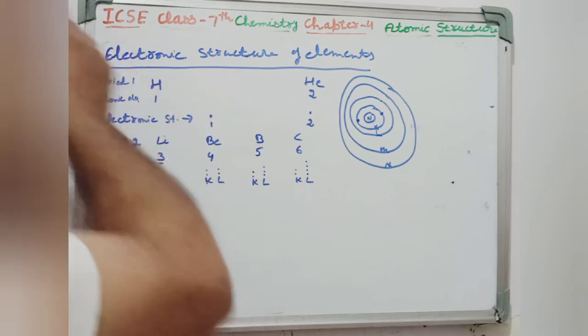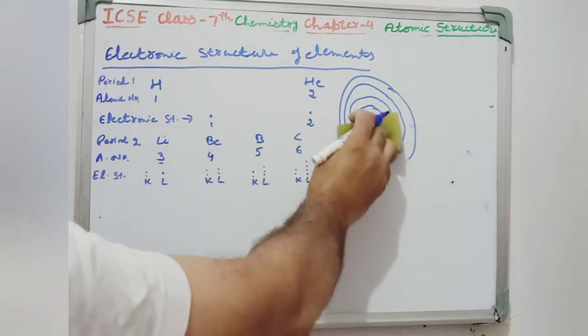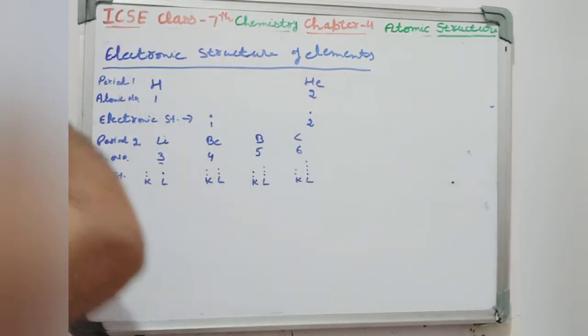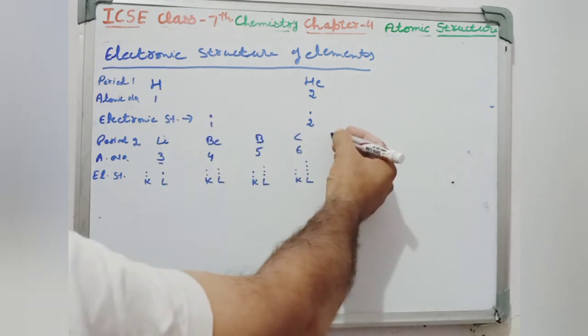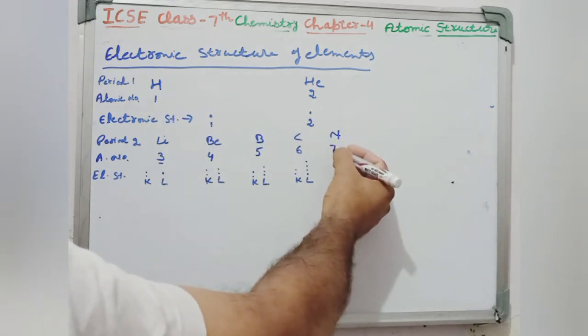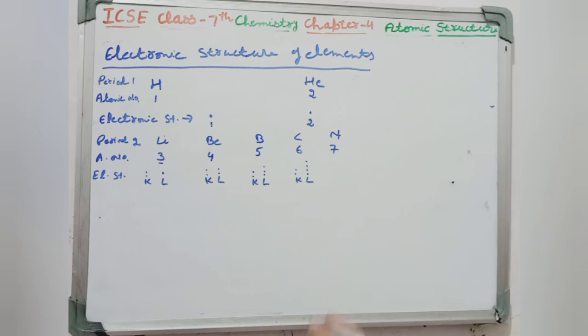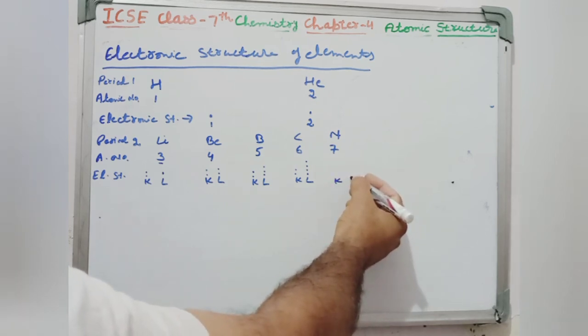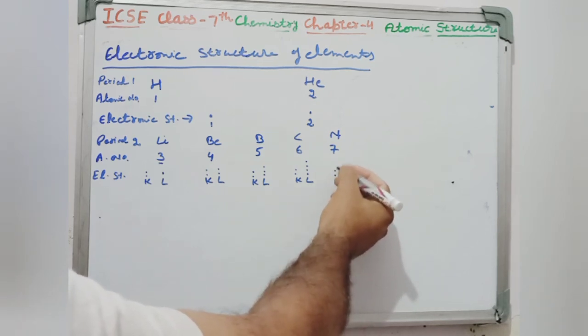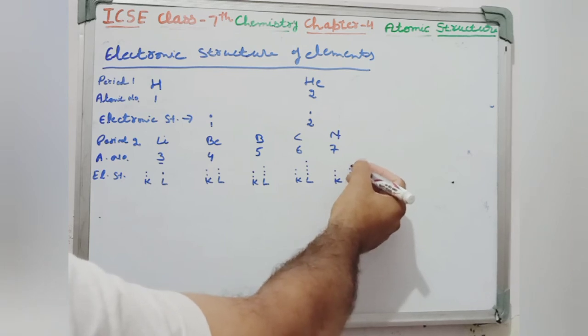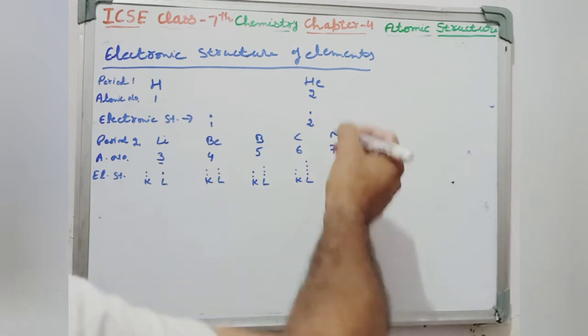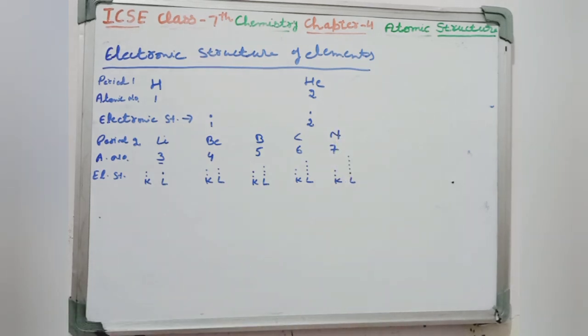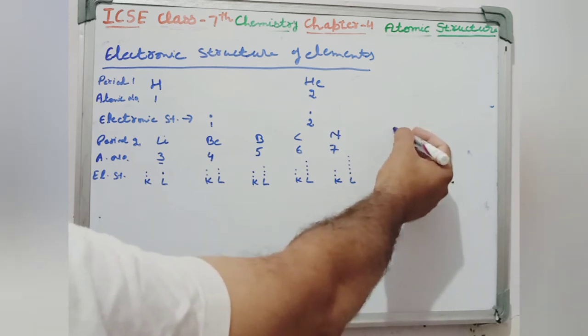Nitrogen. Nitrogen is 7. K, L: 2, then 7 minus 2, 5. 1, 2, 3, 4, 5. Right? Oxygen.